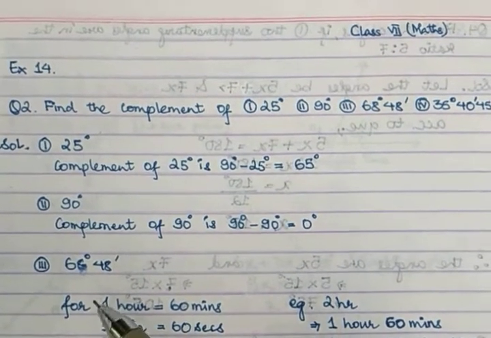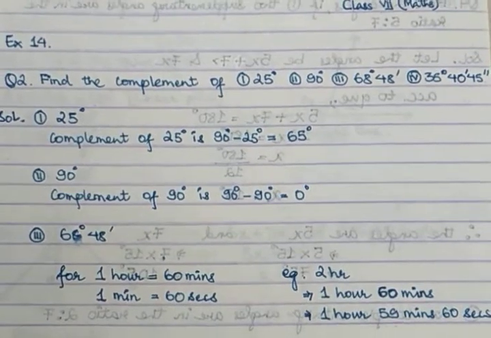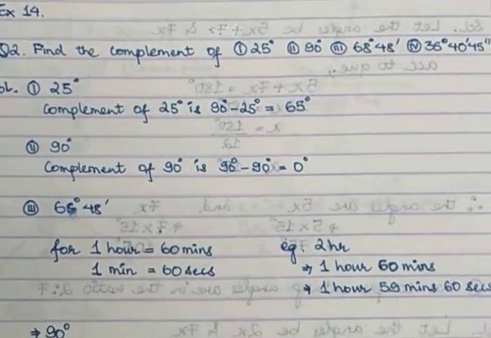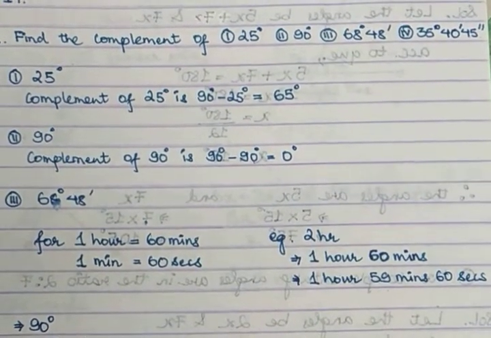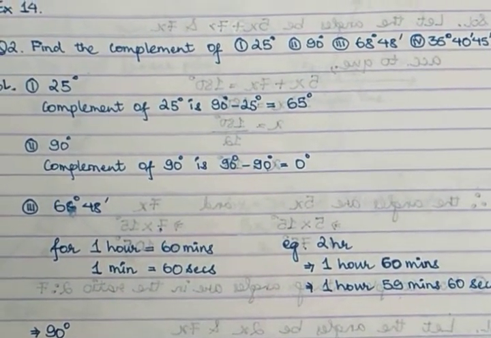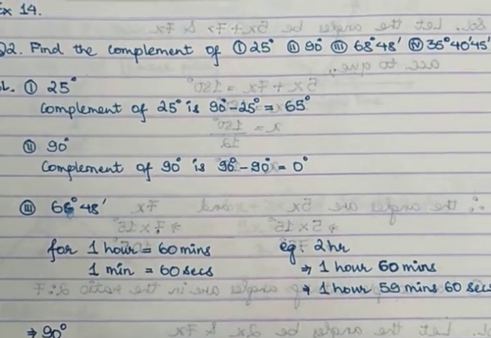As soon as the term minute comes, I want you to recall your knowledge about how you read your watch. In a watch, you have hours, minutes, and seconds, isn't it?